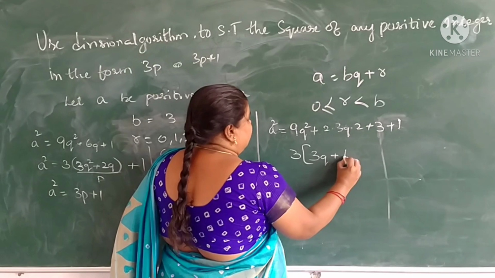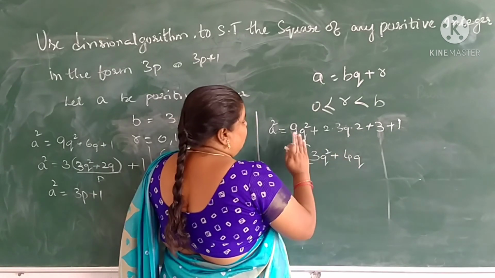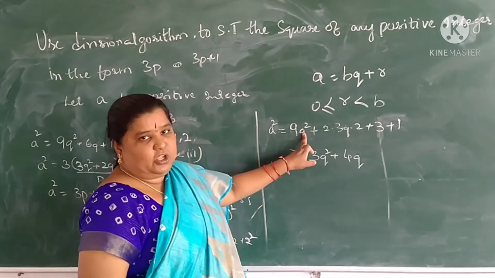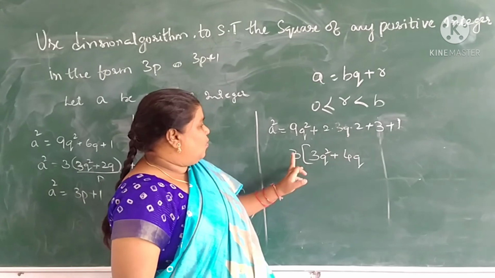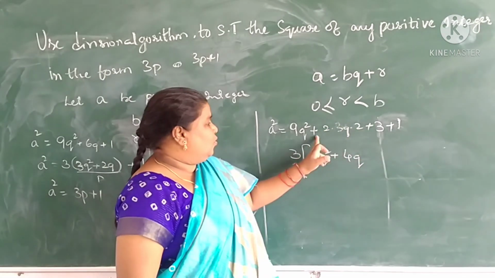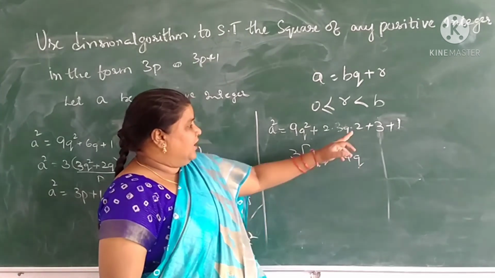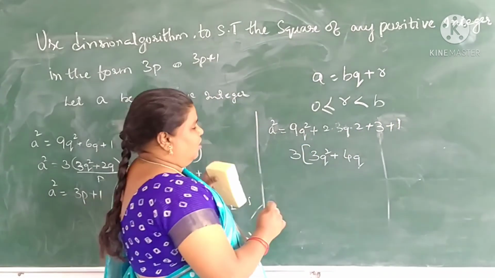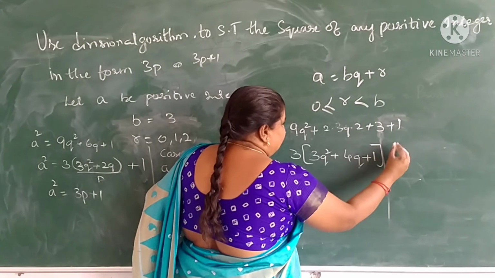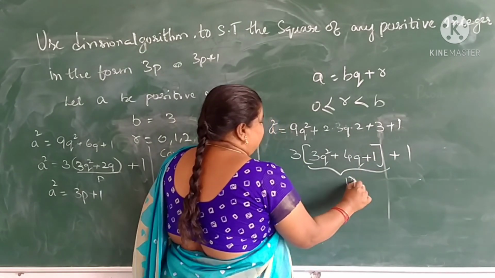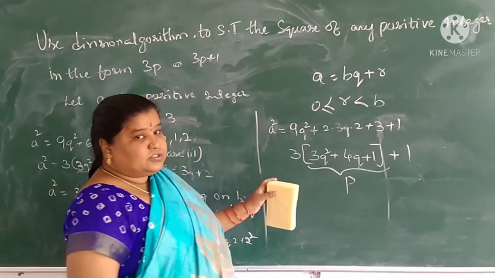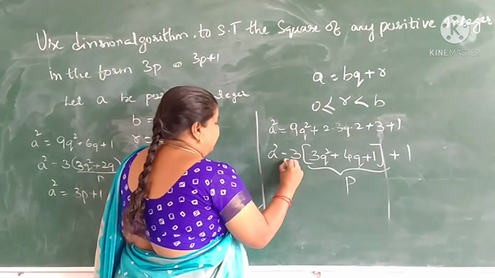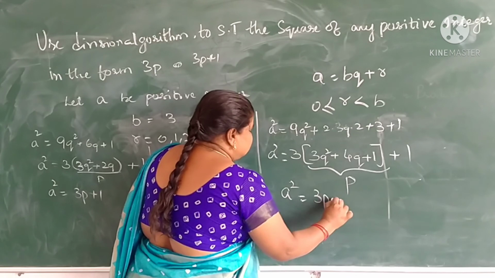Then from here, we wrote 4 as 3 plus 1, so taking 3 common we get 1 and the remaining 1. And all this we are going to take as some p. So a square is equal to 3p plus 1 again.